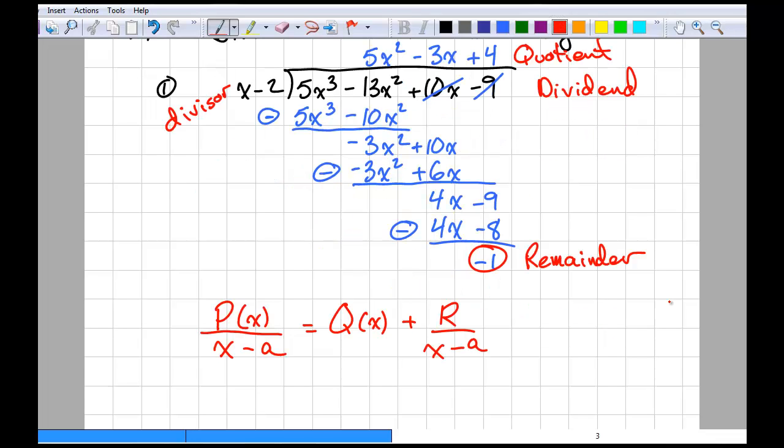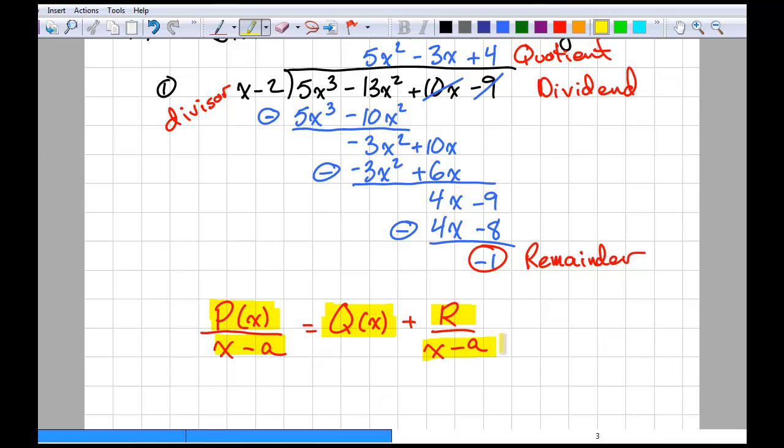Now there's a form that we can use to express the answer to a polynomial long division. And what we do is we take the polynomial divided by the divisor. That's going to give us our quotient as a function of x plus the remainder divided by the divisor again.